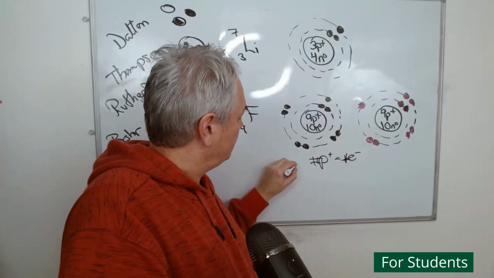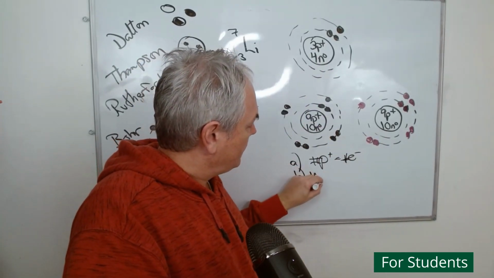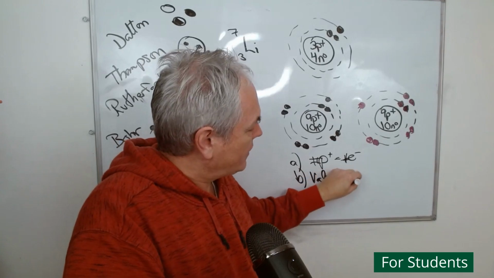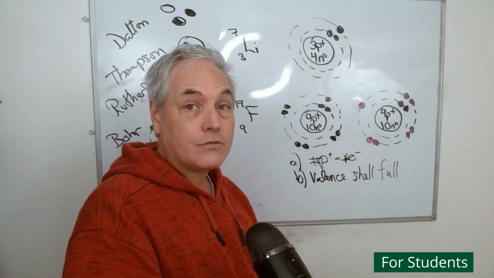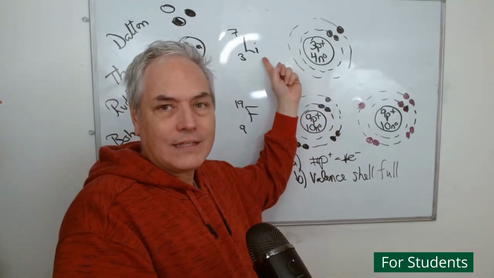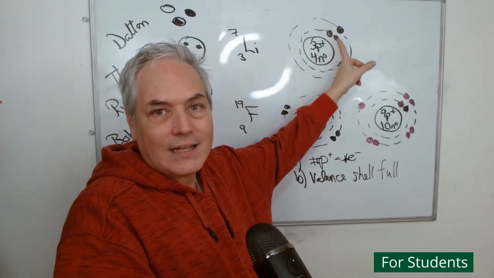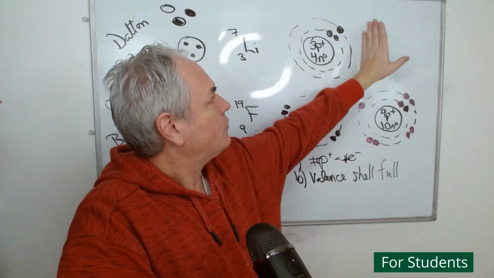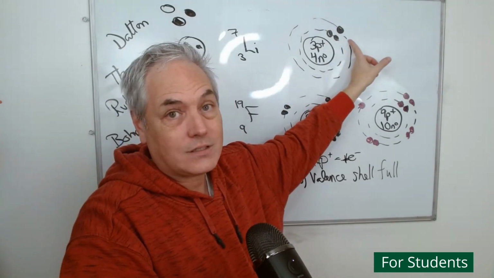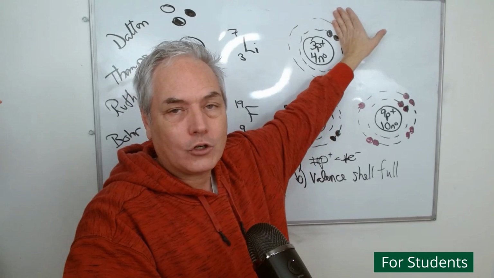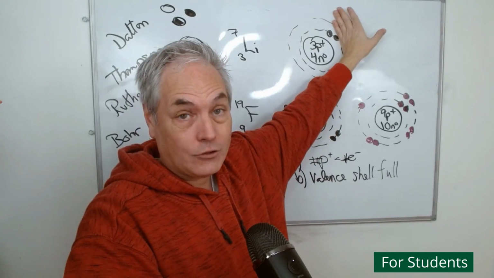The second goal is that they want a valence shell that is full. So if you have lithium here, lithium has 2 electrons on the first shell and 1 on the valence shell. If it let 1 go, then it would have a full outer shell.